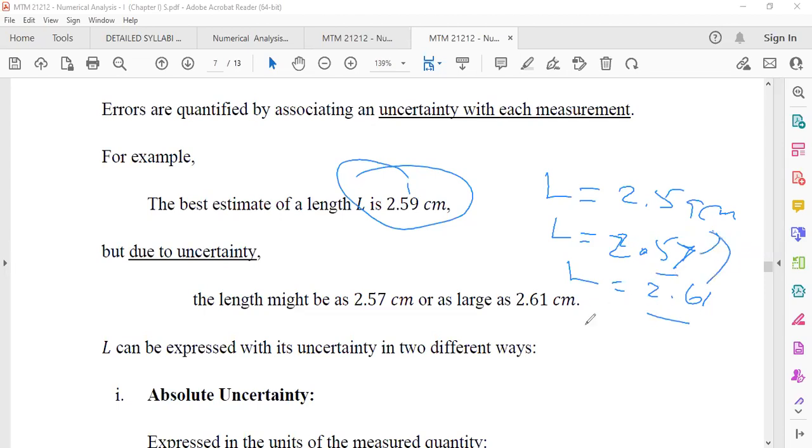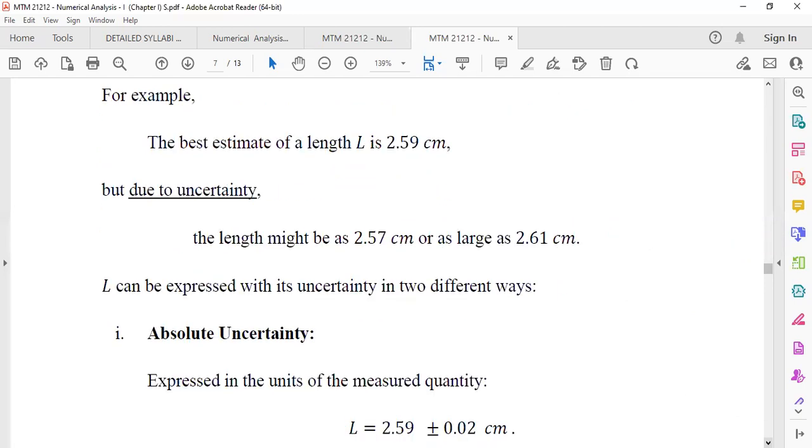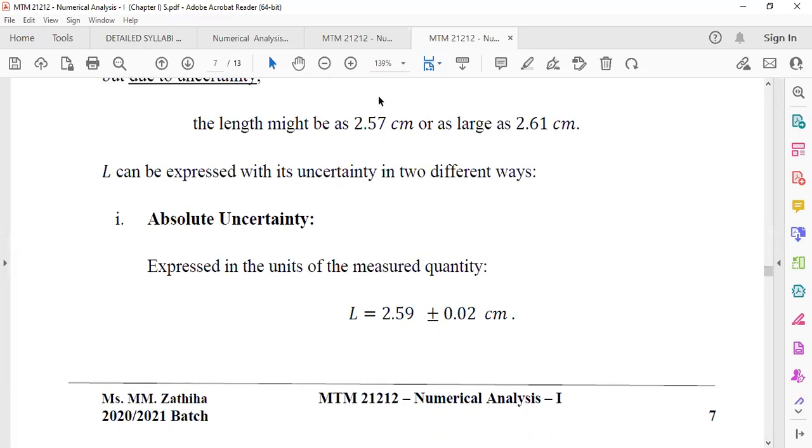So there are two kinds of uncertainty measurement. L can be expressed with uncertainty, and this can be given in two different ways. The first one we call absolute uncertainty. Absolute uncertainty is expressed in the unit of the measured quantity. For example, L is equal to 2.59, and an error of 0.02 centimeter may be acceptable.